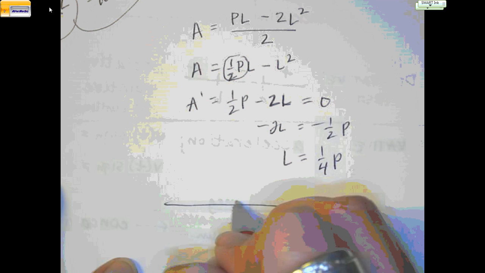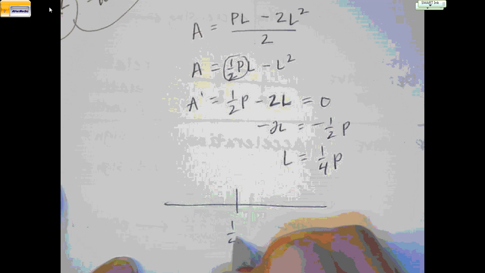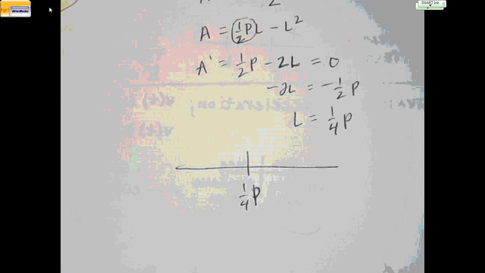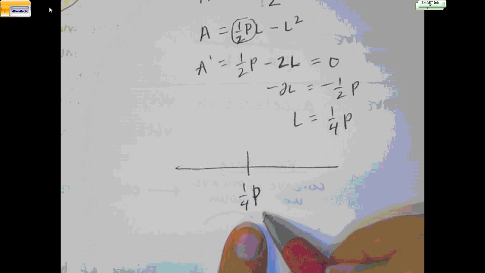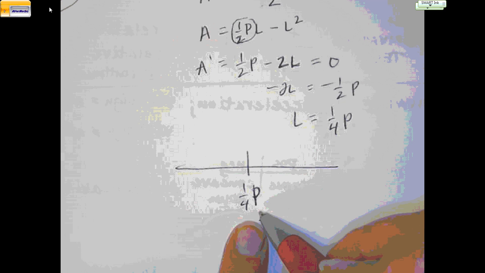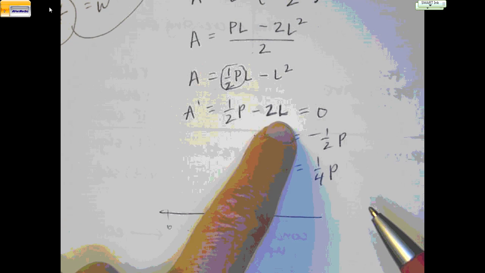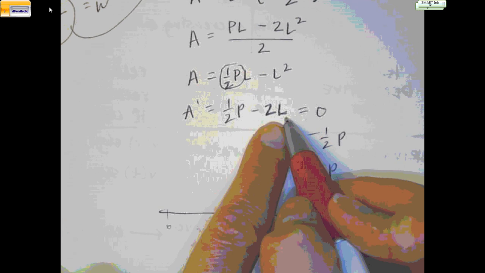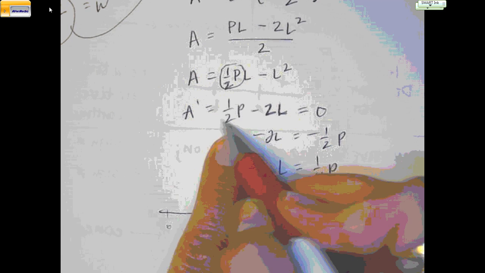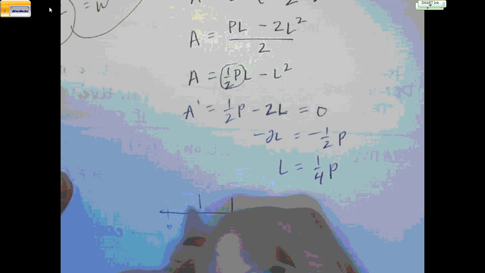You could put it on a little number line. This was tricky for some kids too because they were like, well, I don't have any numbers to plug in, so how do I know what to do? Well, something that is absolutely smaller than 1/4 P, you could plug in a 0 and see what happens. If I put a 0 in here for L, because that's what we solved for, it's going to be some sort of positive number minus nothing.